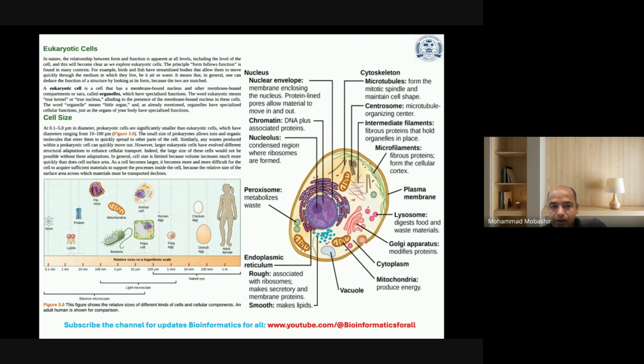So there are different cells and their known sizes have been mentioned here, which you can see from 0.1 nm to 1 millimeter. Now, what you can see from an electron microscope, what you can see from a light microscope, and what you can see with naked eyes is clearly mentioned here.